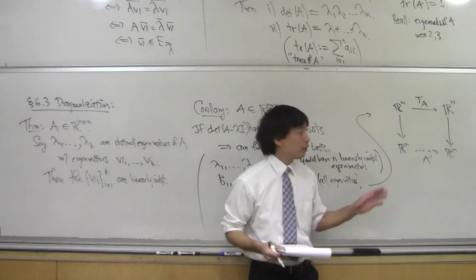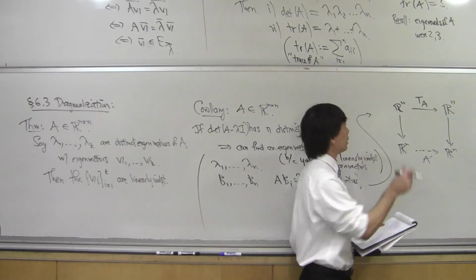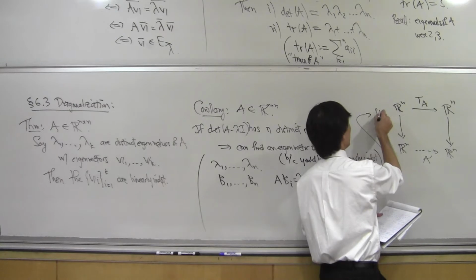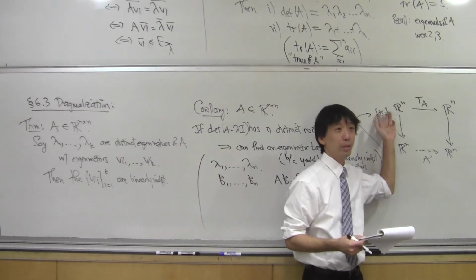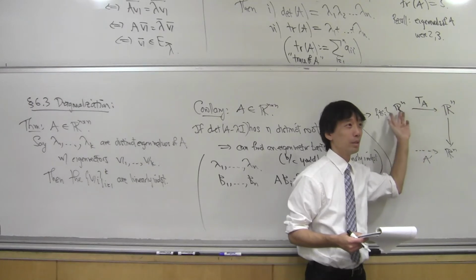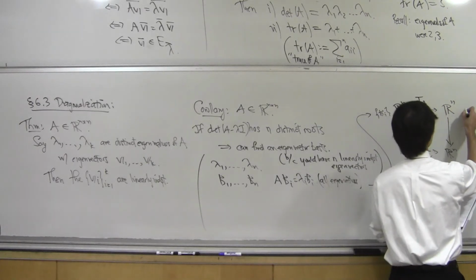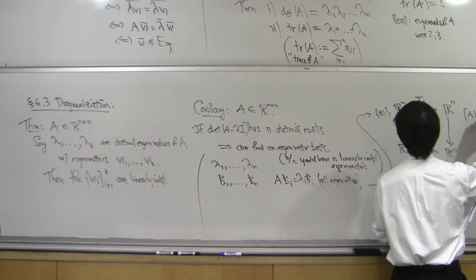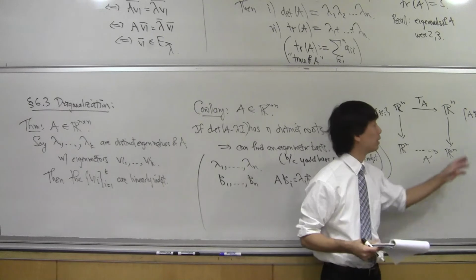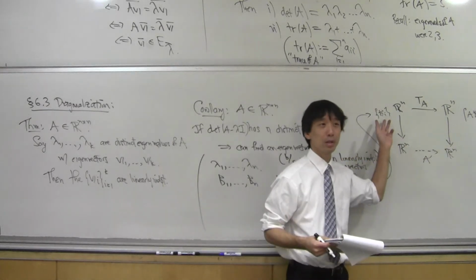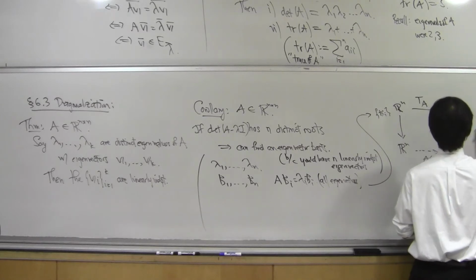Does anybody remember how to get A prime? You start off with your basis. You take A bi, and take the coordinate vector with respect to the B basis.